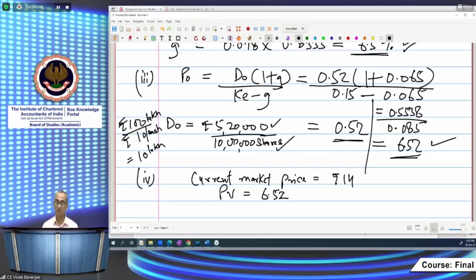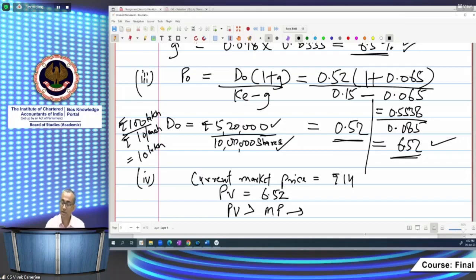First of all, tell me whether it is undervalued shares or overvalued shares. The answer is it is overvalued shares, because the current market price per share is more than the present value, or this present value is actually less than the current market price.